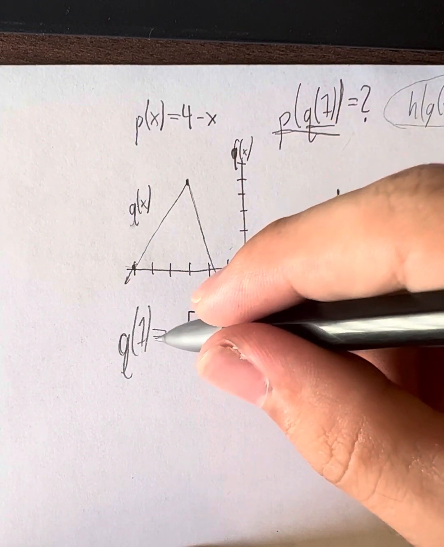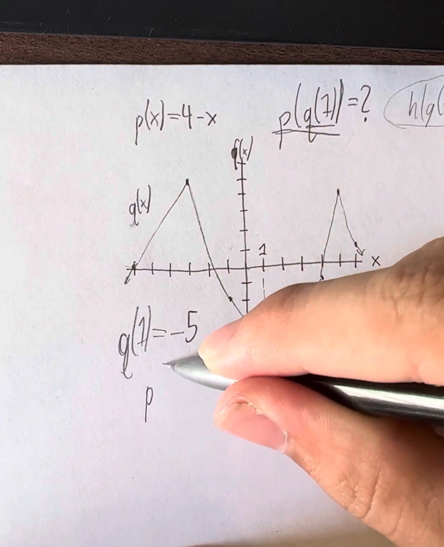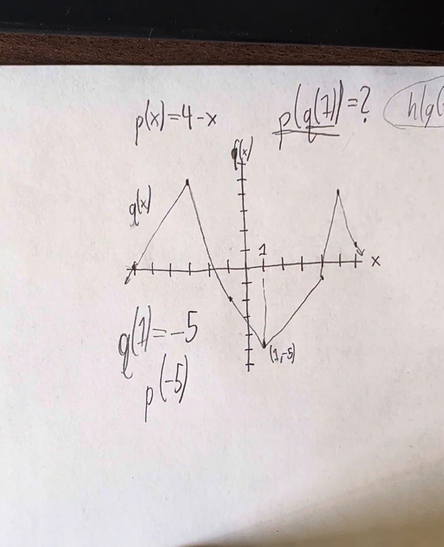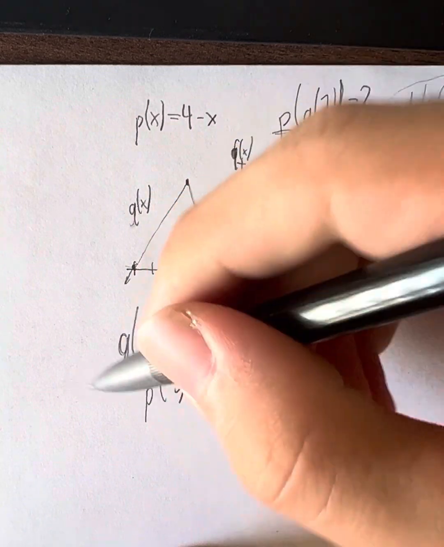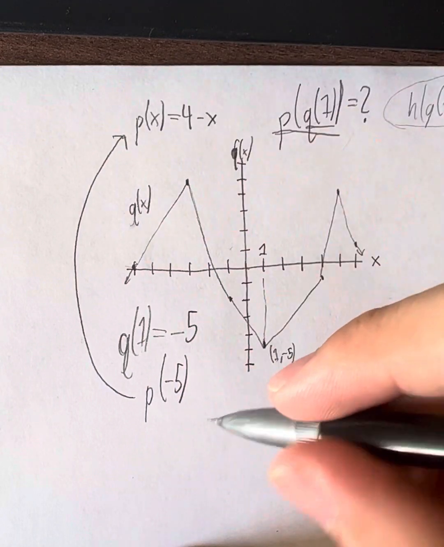So now that we have -5 as q of 1, we can now input p of -5. Now, unfortunately, we don't have a graph representing p of x, but we do have an equation, so we have to plug it into that equation.